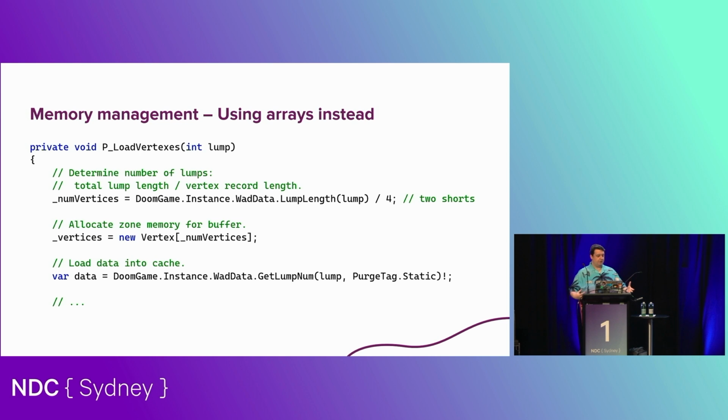So I just made the decision to use classes wherever I thought it was appropriate, use structs where I think maybe it is more suitable for a struct, and then use arrays rather than lists, because I don't need all of the special functions that a list offers me. I just need an array, and in most cases, it's pre-allocated.